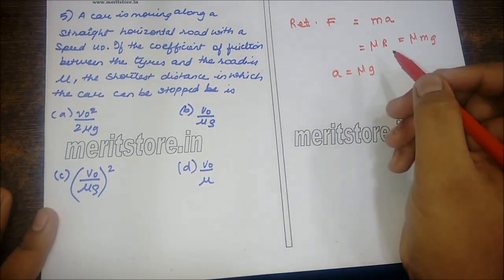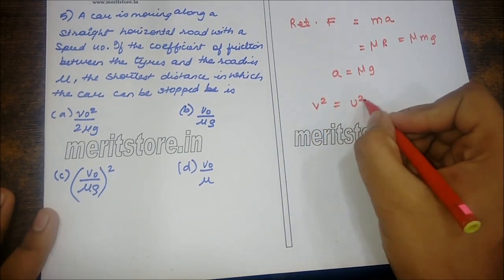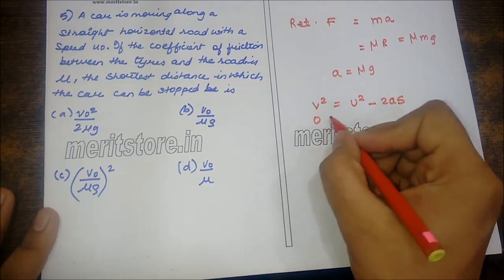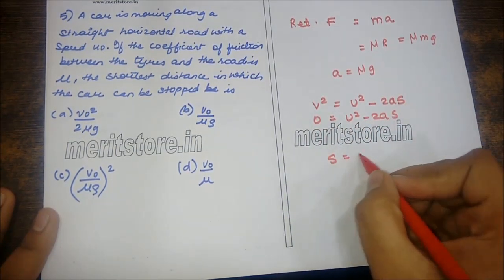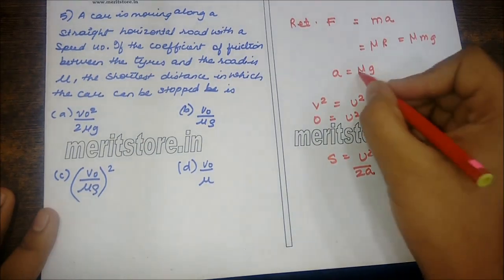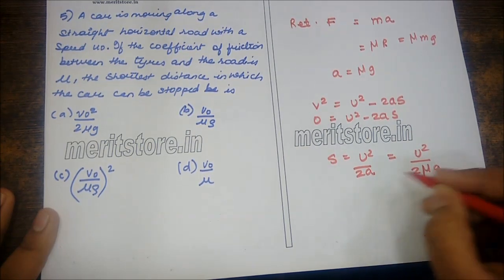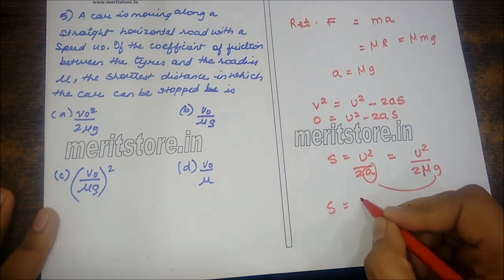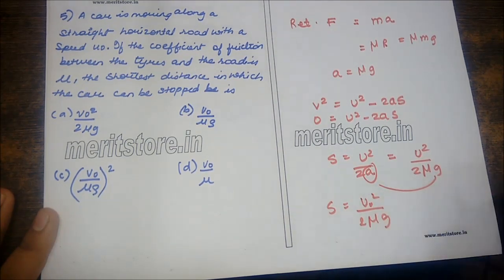Now from the equation of motion, we know v square is equal to u square minus 2as. So 0 is equal to u square minus 2as. s is equal to u square upon 2a. Value for a is mu g. Substituting value for a, we get s is equal to u square upon 2 mu g.